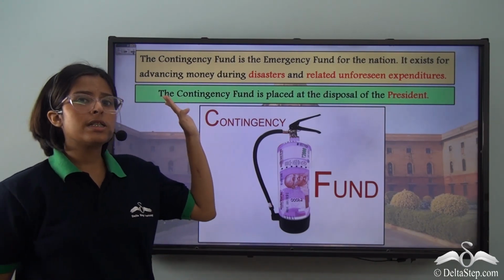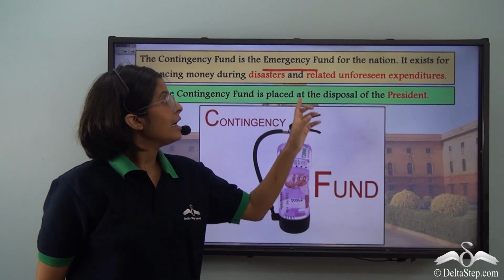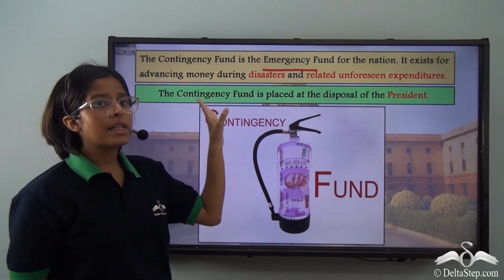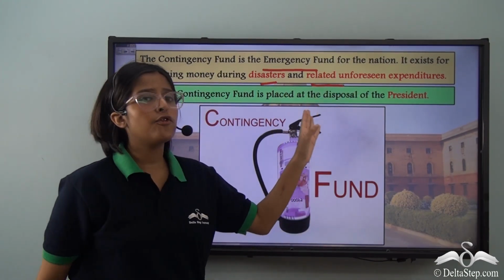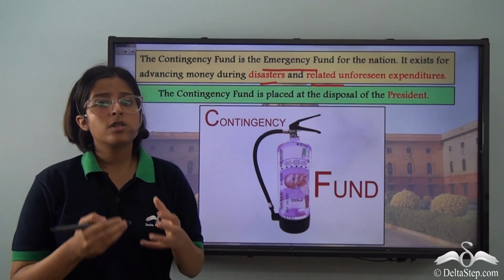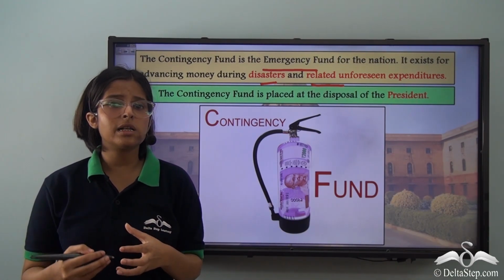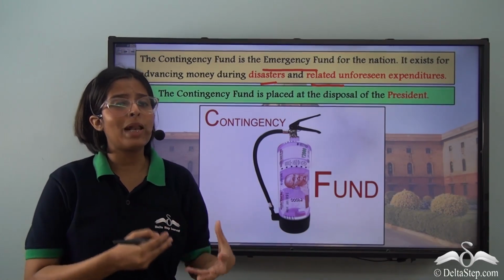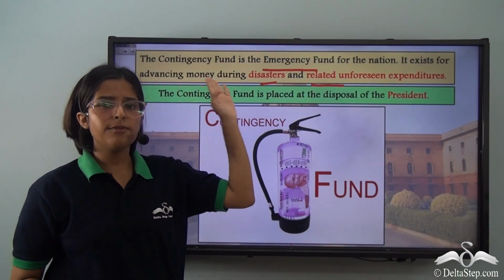This money will come from the Contingency Fund of India. The Contingency Fund is the emergency fund for the nation. It exists for advancing money during disasters and related unforeseen expenditures. So when there is an urgent need for spending money in an event which was not planned from before, the money can be taken from the Contingency Fund.